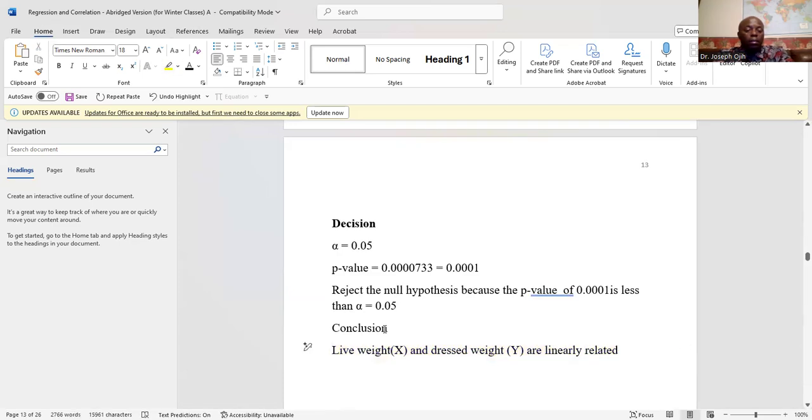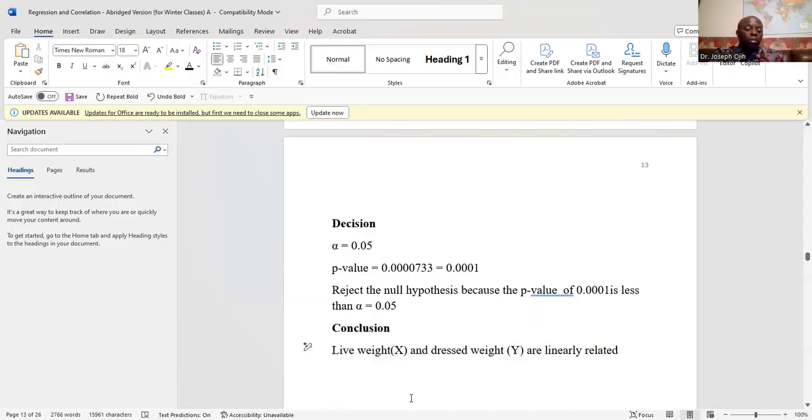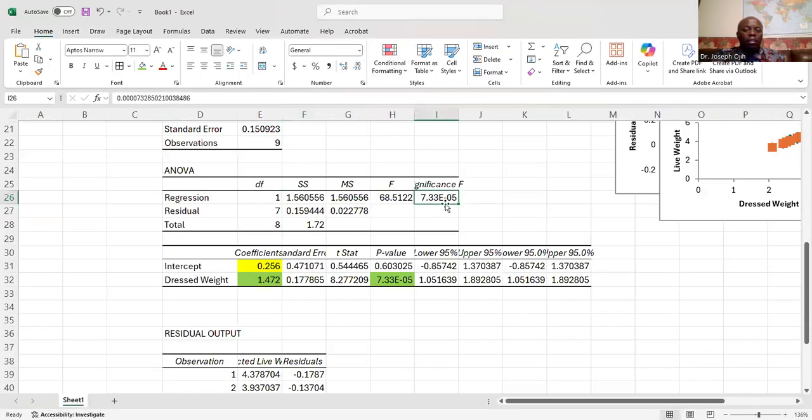Okay, that's our conclusion. Now, if you want to use the critical value method to answer this, you look at the ANOVA table here. You can see the calculated F is 68.51. This is the significance, which is 7.33 times 10 to the power negative 5, only 0.0000733.